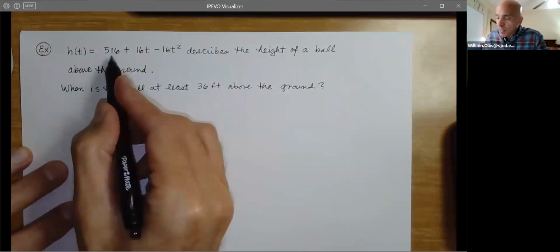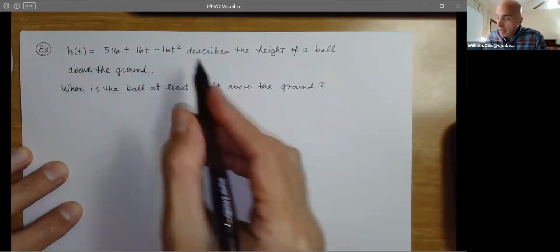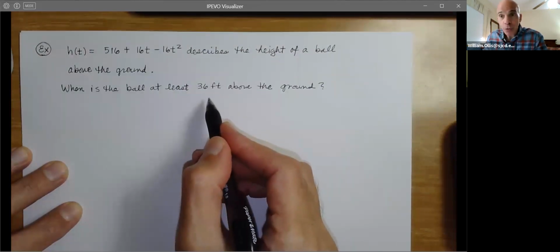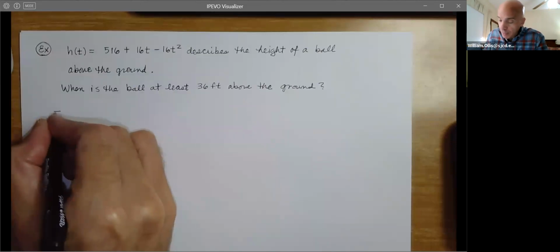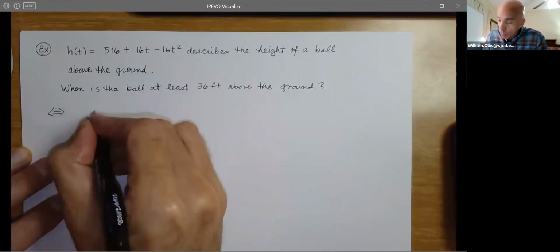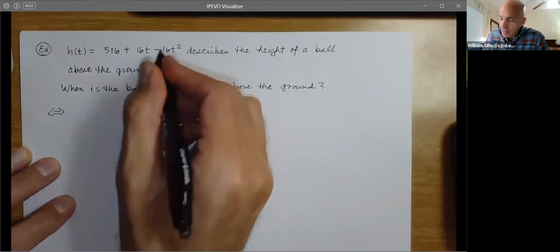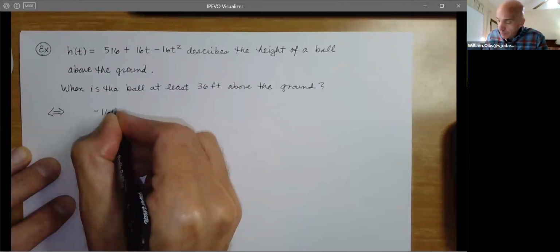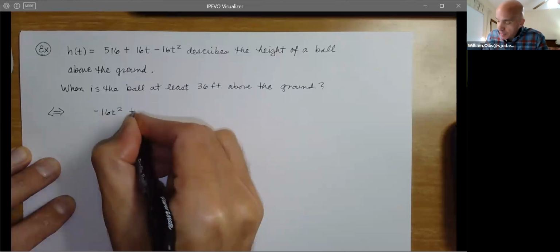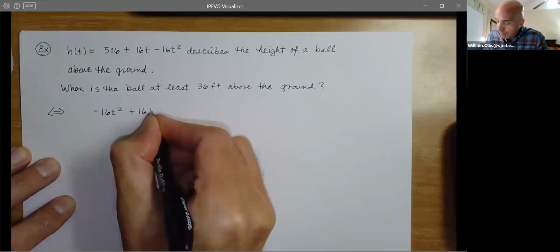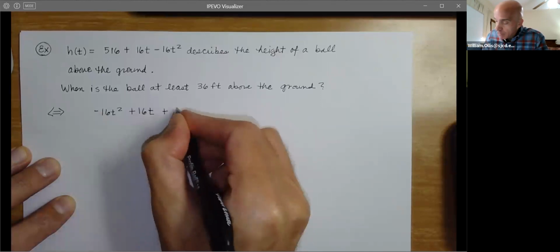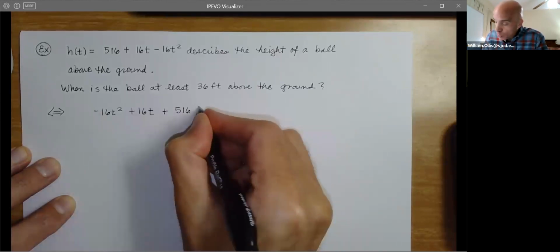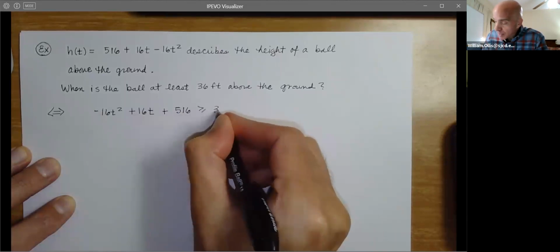So now basically we take this equation and we want it to be at least 36, so greater than or equal to 36. So equivalently, when we solve this, and I'll go ahead and write this in descending order, we have negative 16t squared plus 16t plus 516 is at least, greater than or equal to, 36.